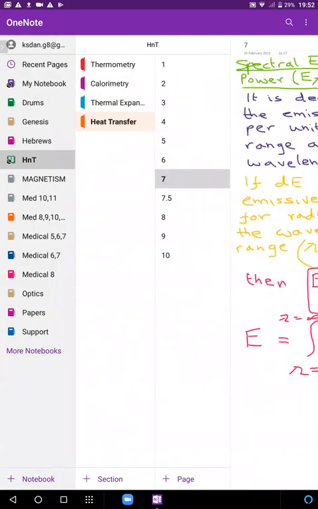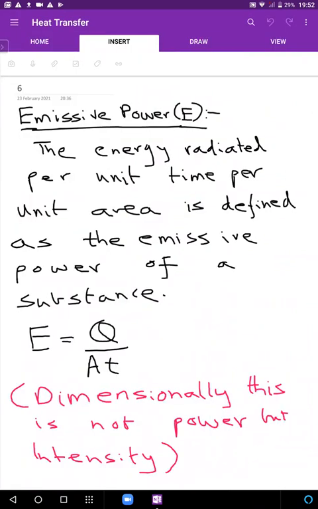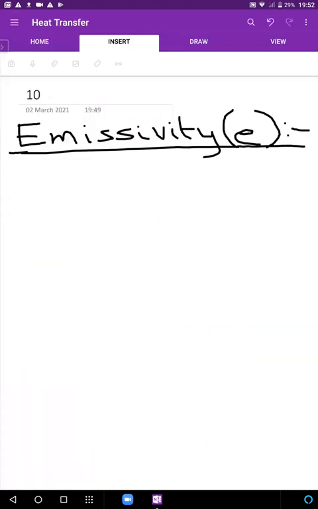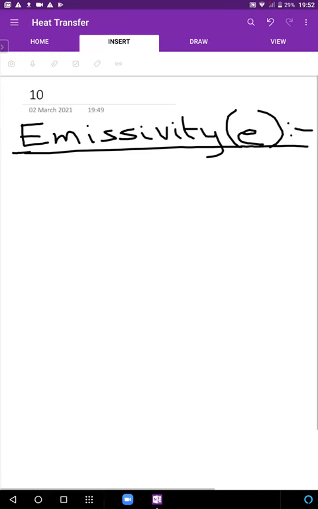In emission you have something called emissive power, represented by the symbol capital E, which is energy per unit area per unit time. And now you have something called emissivity, represented by the symbol small e. And look at how emissivity is defined.